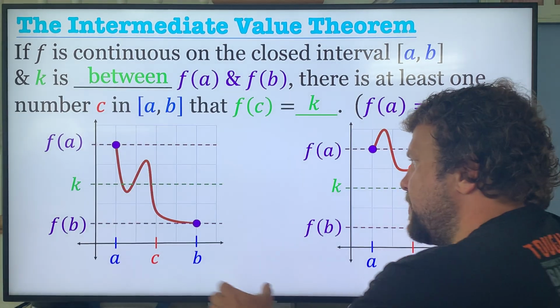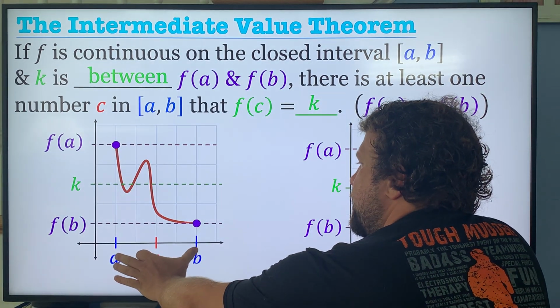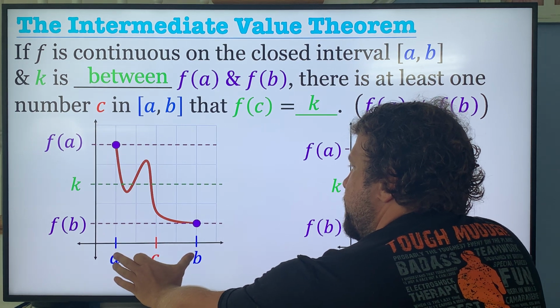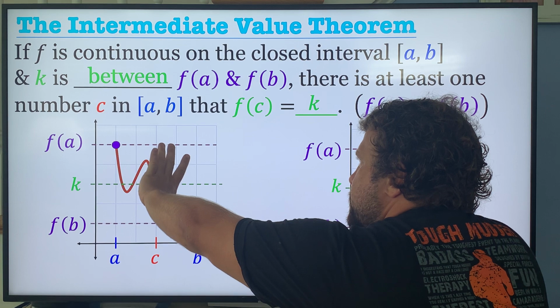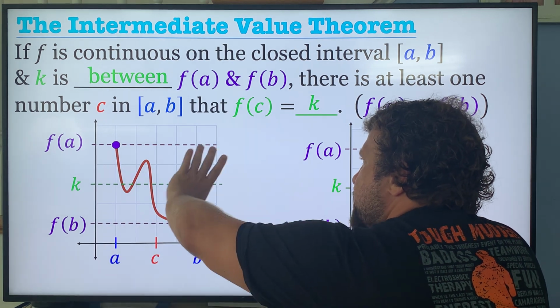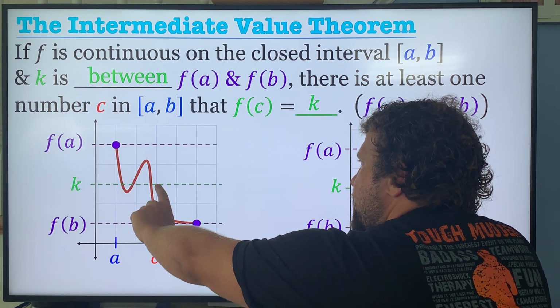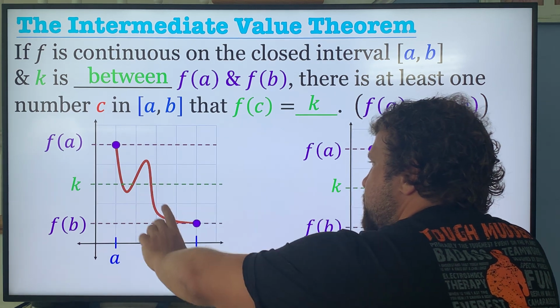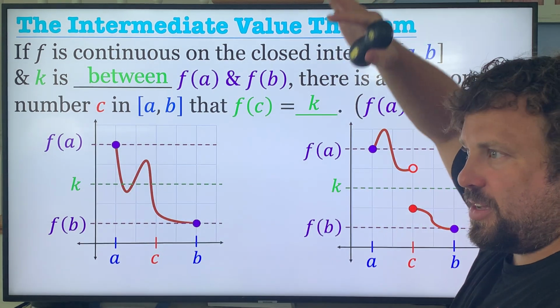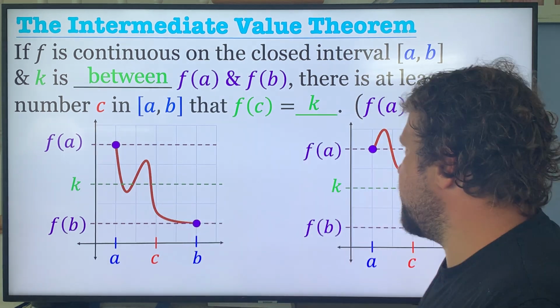So all this says is, if you take an interval and a number between f of a and f of b, then there has to be a number somewhere in here, c, that gives that value. What you do is you pretty much keep on squeezing until you actually find out what K is.